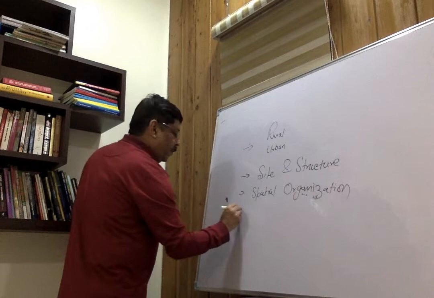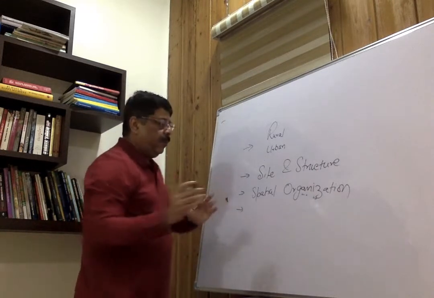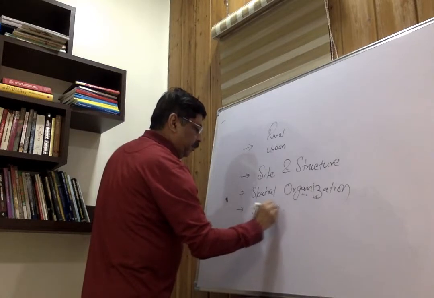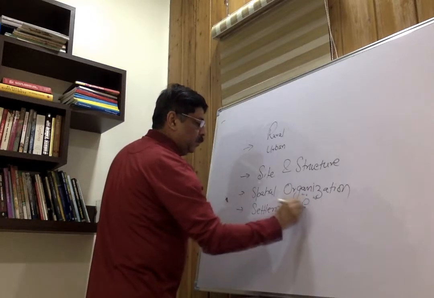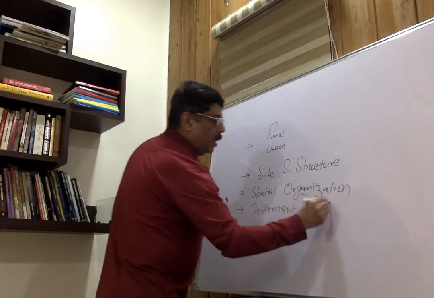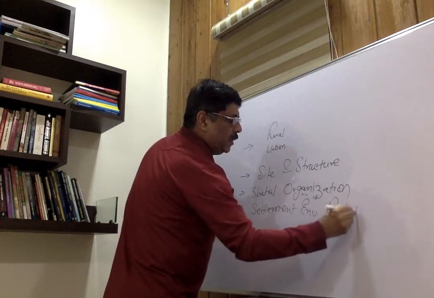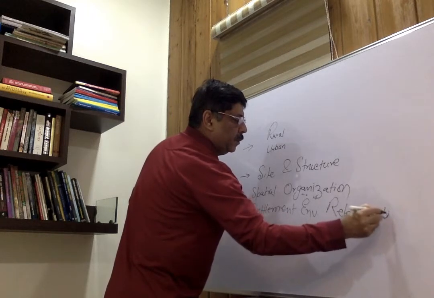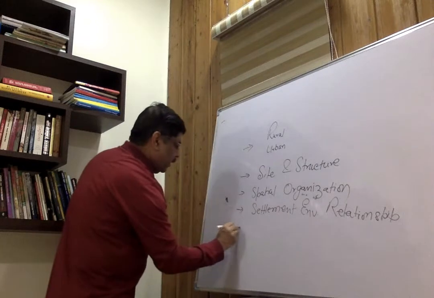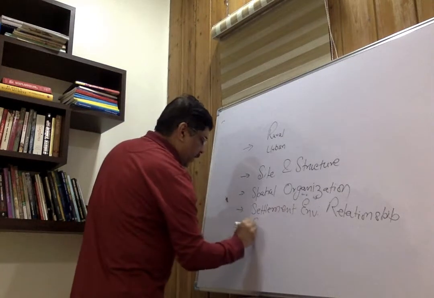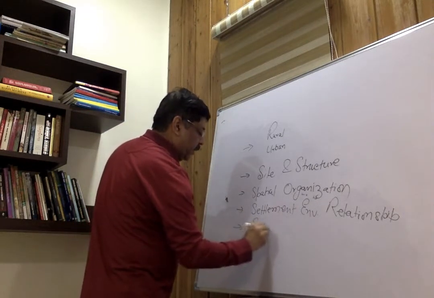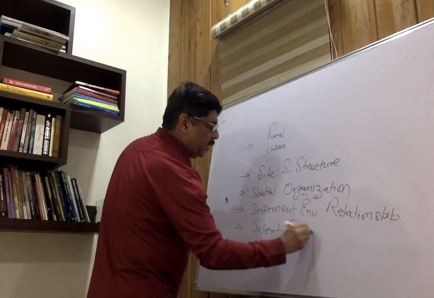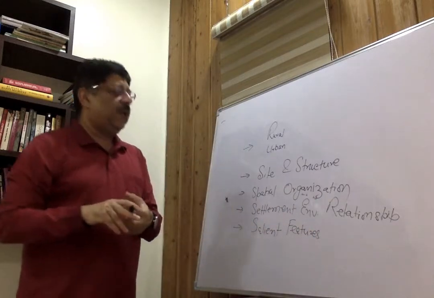And a very important thing is the settlement-environment relationship, their dynamics. And the last thing is the salient features of any settlements, so many settlements. Salient features. These are the broad things we are going to study.